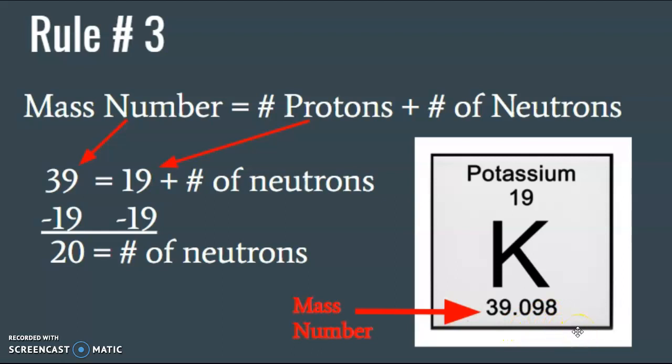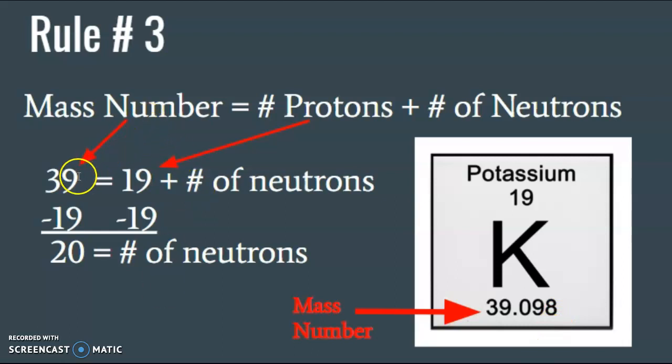Now I'm not going to go into too much detail about why we have a decimal point here. We'll save that for later on in the year, but just know that for this extra decimal point, if it's closer to 0, you're going to round down, and if it's closer to the next number up, you're going to round to the nearest whole number. So for this one, 39.098, we're going to round down to 39.